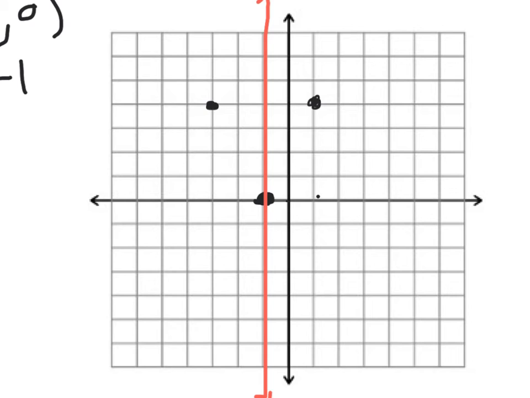So we're going to stay on the y-axis and go up 1. So since we're 1 space away on this side of the axis of symmetry, we need to be 1 space away on this side of the axis of symmetry. So our other point will be right there. And now we have enough points, we can graph our parabola.